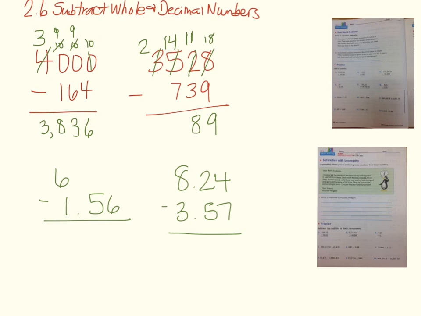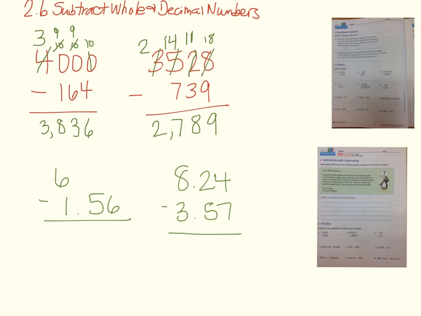Now I have 1,400, take away 700, which would be 700, and then I have 2. So when you add 2 plus 14 plus 11 plus 18, you still have 3,528. You just moved around the pieces.